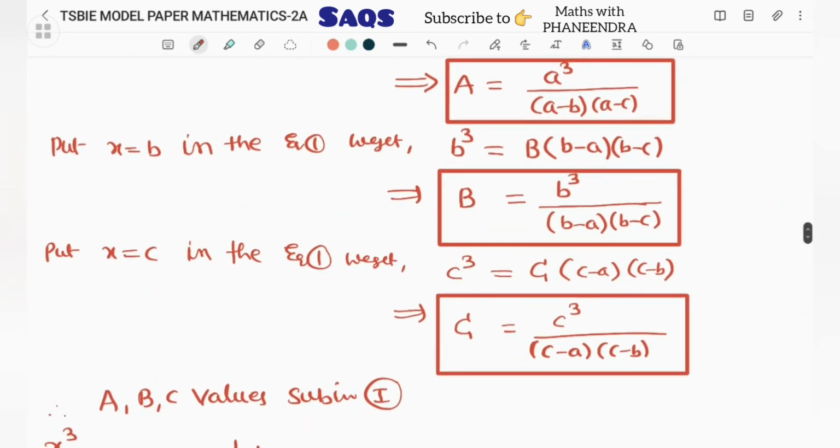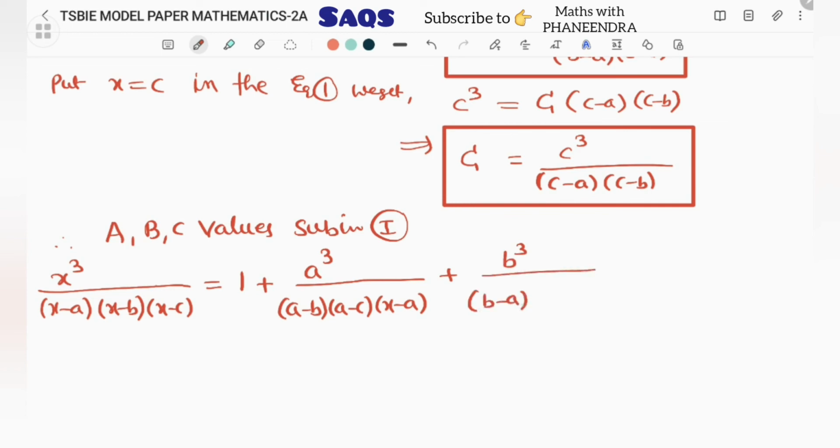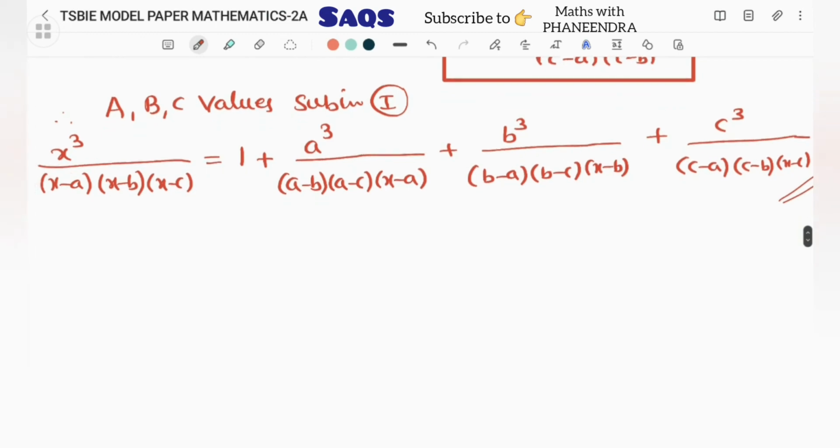So the A value is a cube by (a minus b)(a minus c)(x minus a). Similarly, the B value, b cube by (b minus a)(b minus c)(x minus b), plus the C value, c cube divided by (c minus a)(c minus b)(x minus c). I hope you understand. We'll move on to the next question.